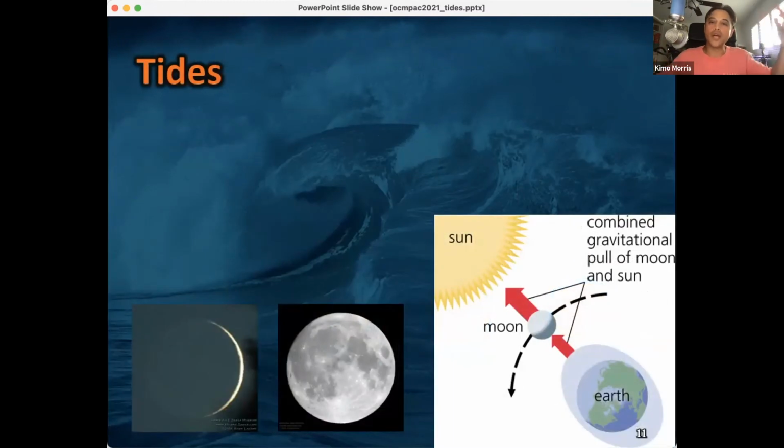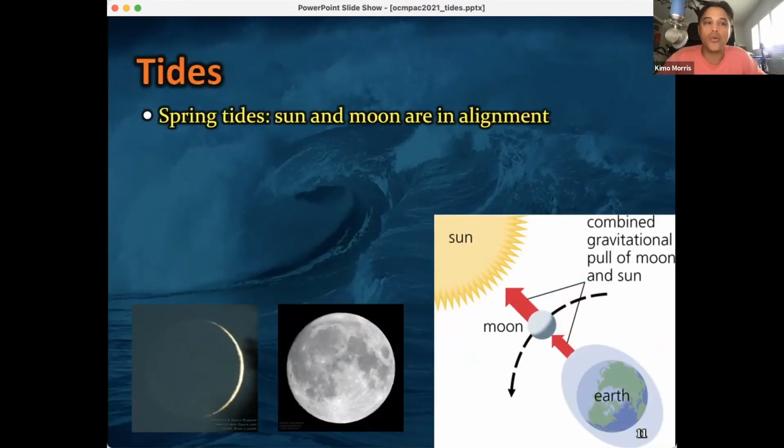This is what makes the tides a little bit complicated. So when you're looking up at the sky, this is how you will know that you are in a spring tide. At night, it's pretty easy. If you have a new moon or a full moon, then you know that you are going to be experiencing the spring tides, because the only way to have the moon look this way is if it is in alignment with the sun.